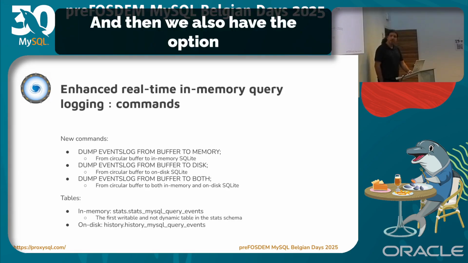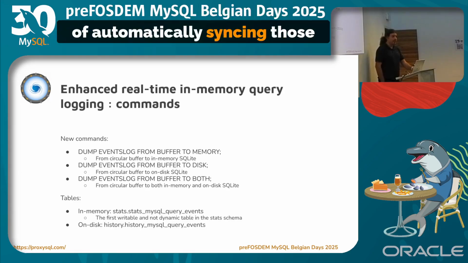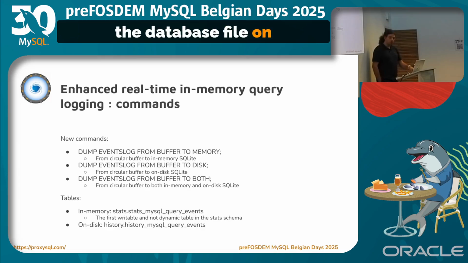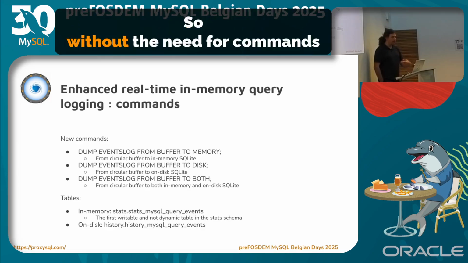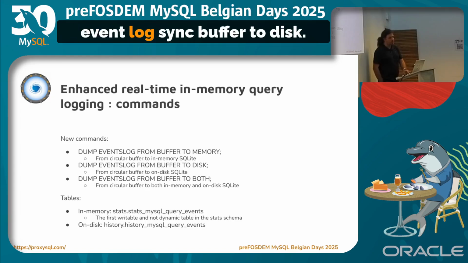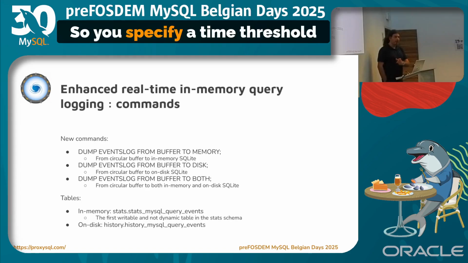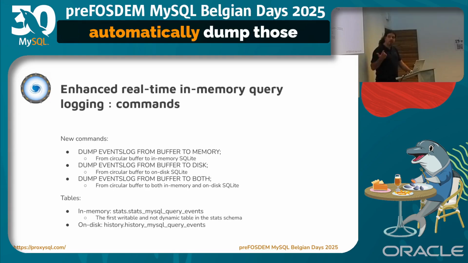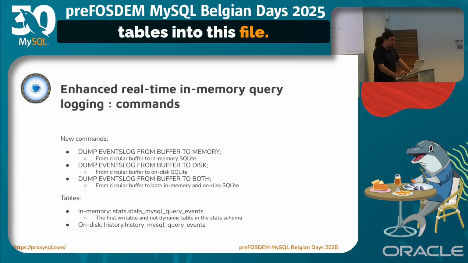And then we also have the option of automatically syncing those queries from the circular buffer to the database file on disk, without the need for commands to dump this information. This is using the mysql-eventslog_sync_buffer_to_disk variable. So you specify a time threshold in seconds, and ProxySQL will automatically dump those tables into this file.